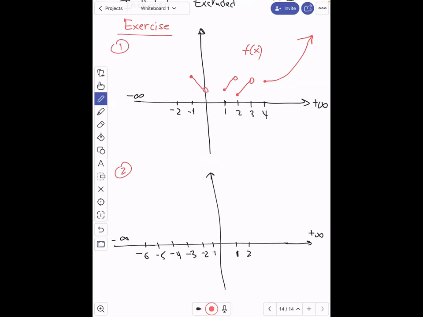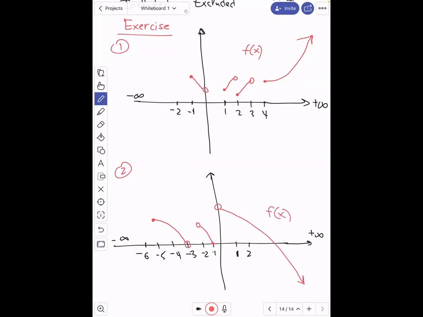As you can see, you guys, again, I don't really care about the vertical axis, because this is the domain, it's just about the input x, the horizontal axis. So let's see here. All right, there's my f of x.